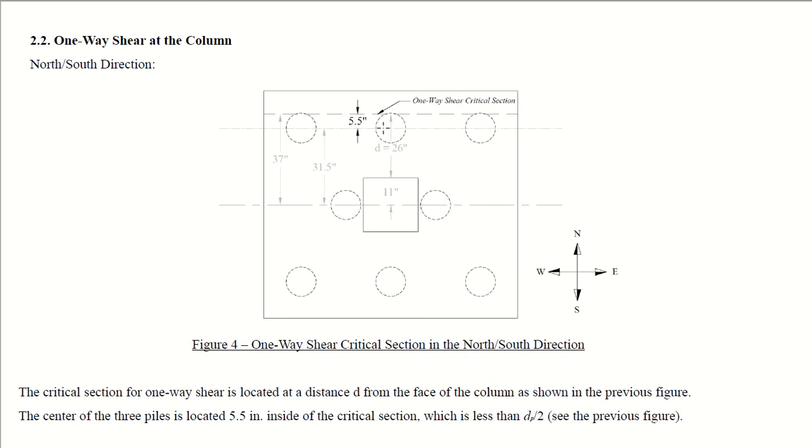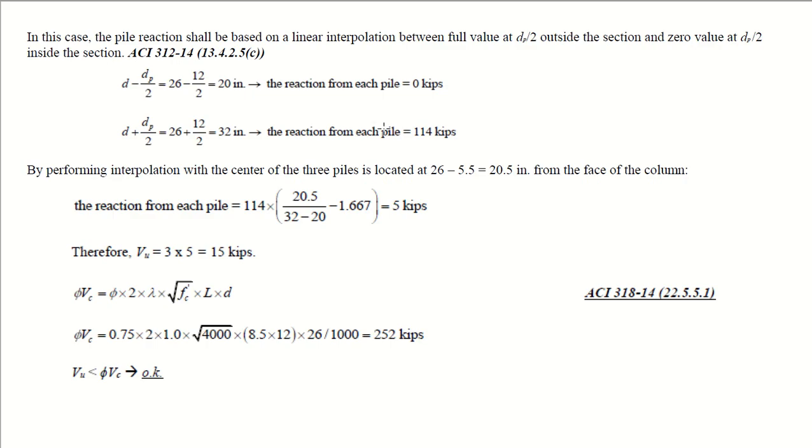In this case the contribution will be 0, and in the other case you have to take the full value if it lies outside. So using the linear interpolation values for both assumptions, this is for zero when it is inside the pile center line, and when it is outside you have to consider the full value or full reactions.